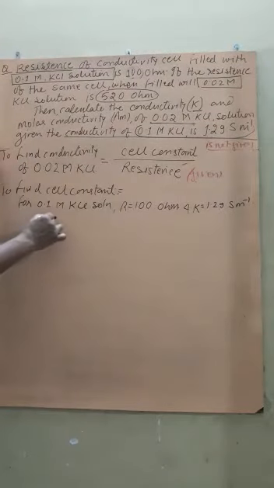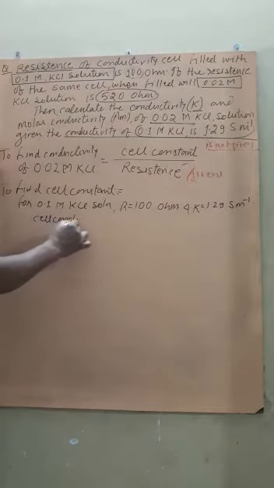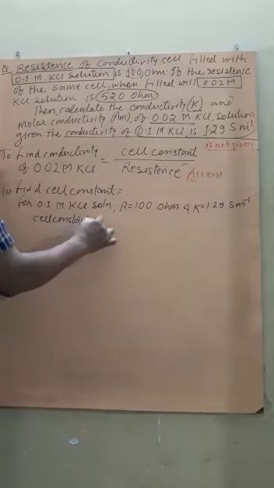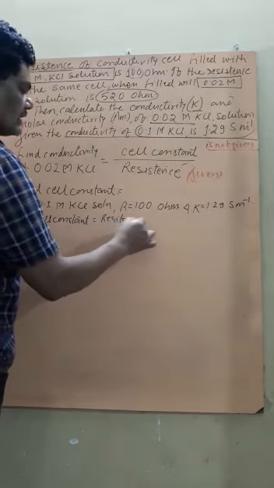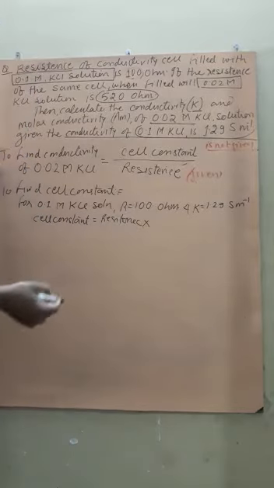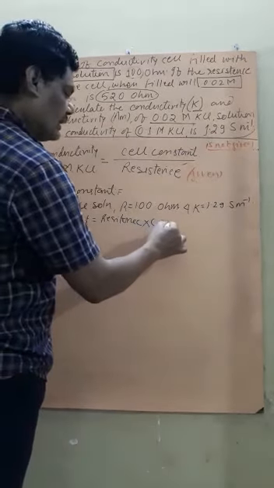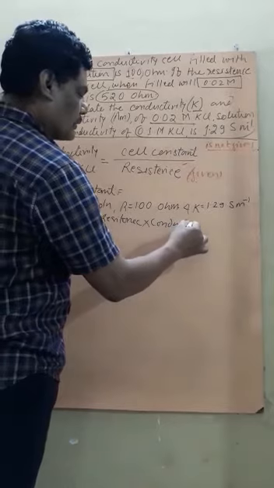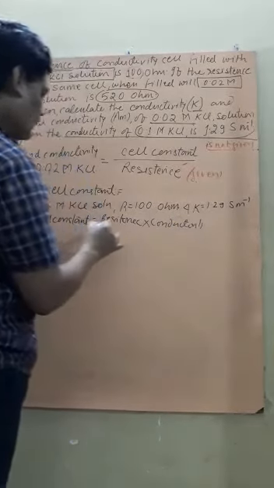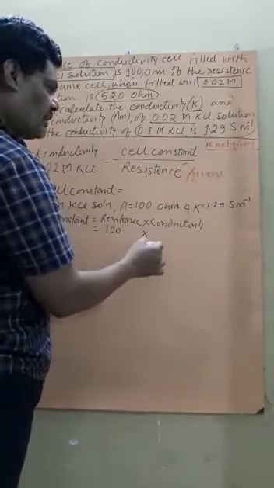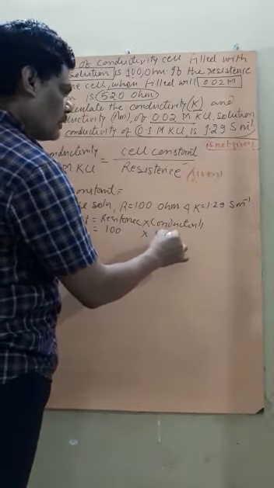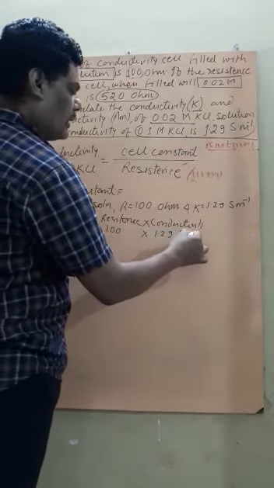Now how are they related? It is related as cell constant is equal to resistance multiplied by conductivity. Resistance is 100 multiplied by conductivity 1.29 Siemens per meter.